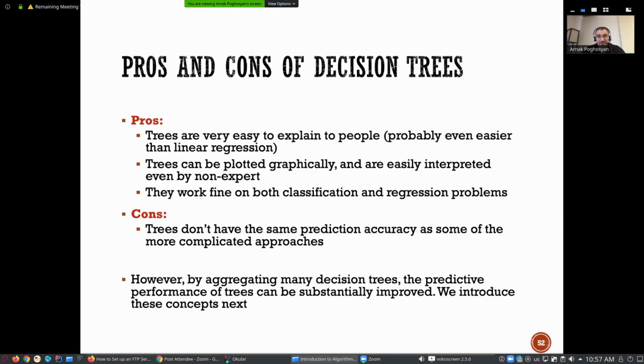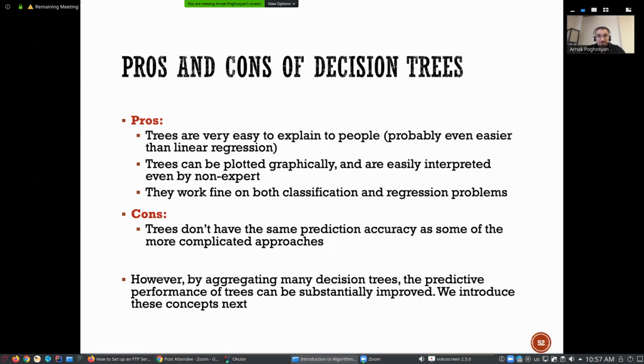And it's very easy to explain to people, even non-mathematicians and non-experts. It's just a high-level understanding of your underlying data. So trees can be plotted graphically and easily interpreted, even by non-experts. It's easy to explain to people.